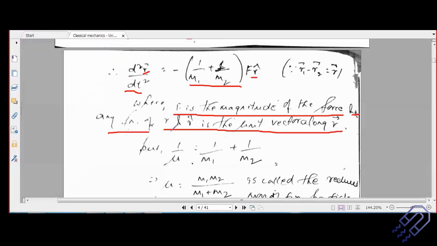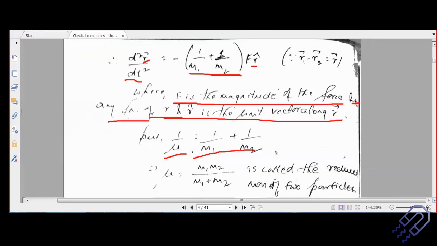Now for 1 by M1 plus 1 by M2, we'll just put it as 1 by mu. This is how we represent the reduced mass. Mu is the reduced mass.